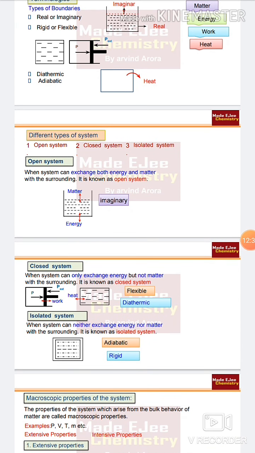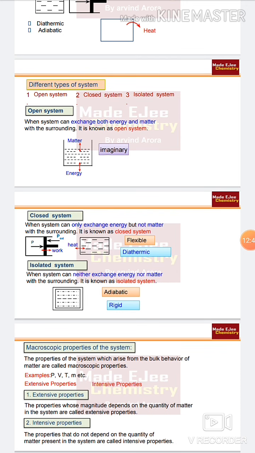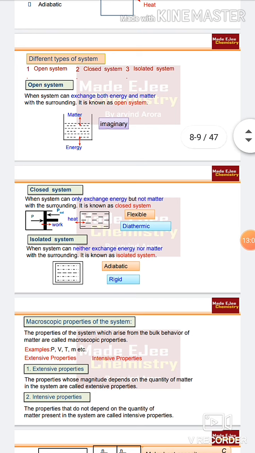Let us take a simple example of these three systems. Suppose a cup of tea which is open in the first case. In the second case, a cup of tea is closed with a lid, and in the third case, the tea is enclosed in a thermos flask. In the first case, the system is open. Why? Because the heat as well as matter is exchanged with surrounding.